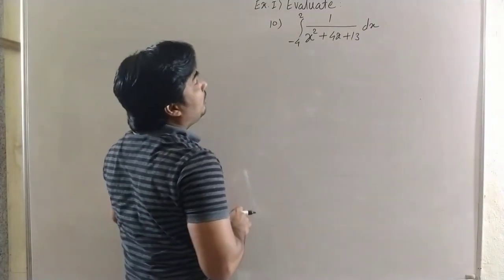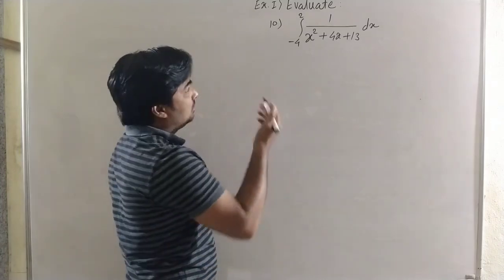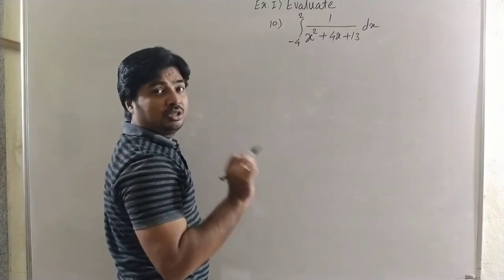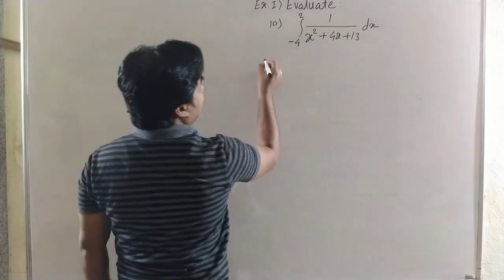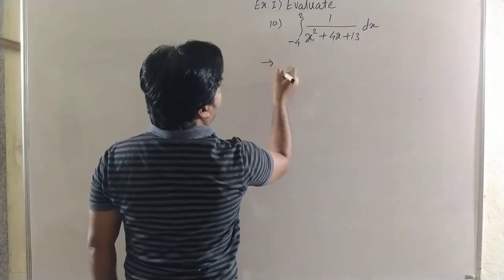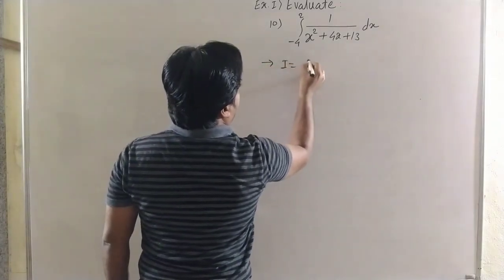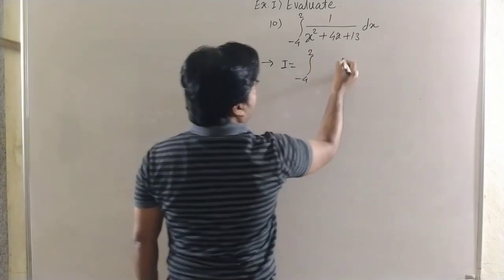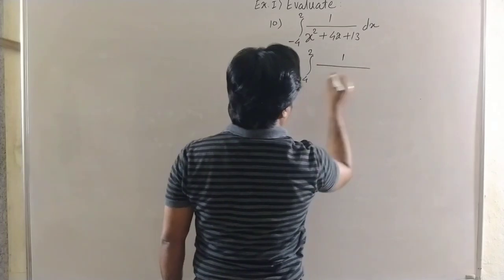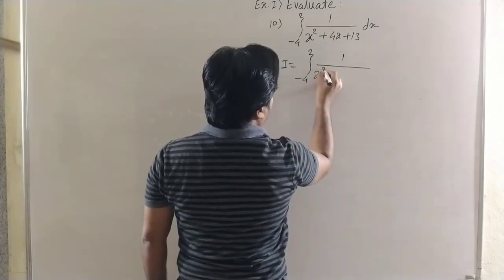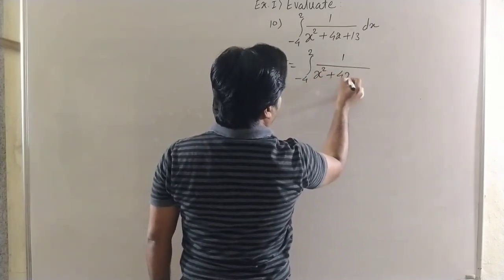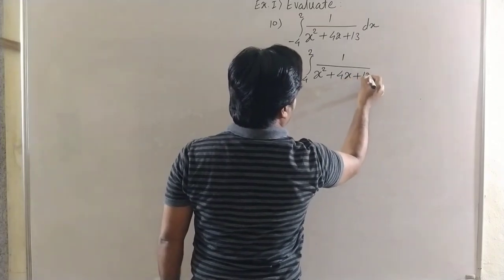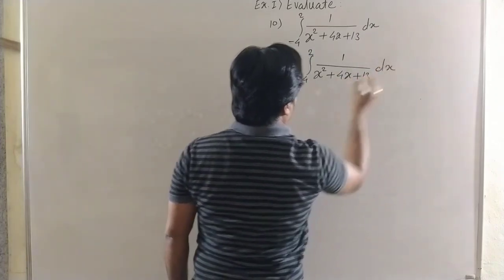here again it is 1 by a quadratic function. So this integral we can find by using the completing square method. Integral from minus 4 to 2 of 1 upon x square plus 4x plus 13 with respect to x.